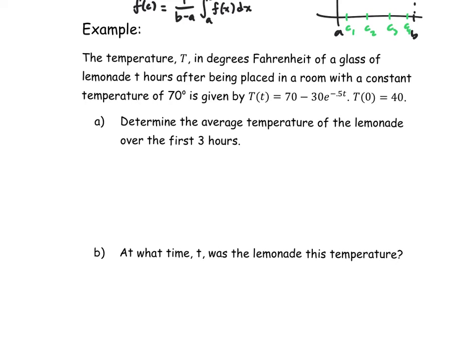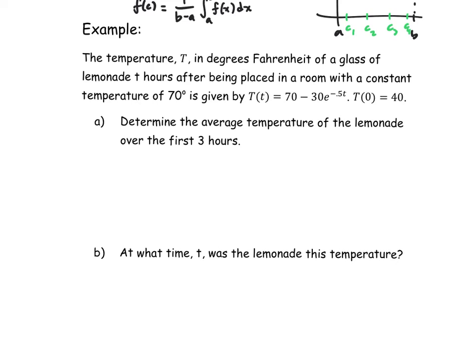The initial temperature of the lemonade is 40 degrees Fahrenheit. Determine the average temperature of the lemonade over the first 3 hours. So clearly the lemonade is warming up, right? It starts at 40 degrees, the room temperature is 70, so it's going to warm up to that room temperature and hit some kind of horizontal asymptote there.